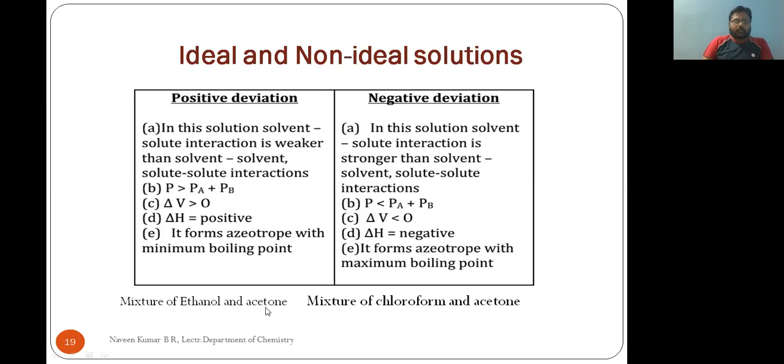Ethanol and acetone. What is ethanol? Ethanol is C2H5OH, with a hydroxyl group, where the hydrogen is bonded to oxygen, the second most electronegative element. As the OH bond in ethanol has a permanent dipole moment, it is a polar molecule.